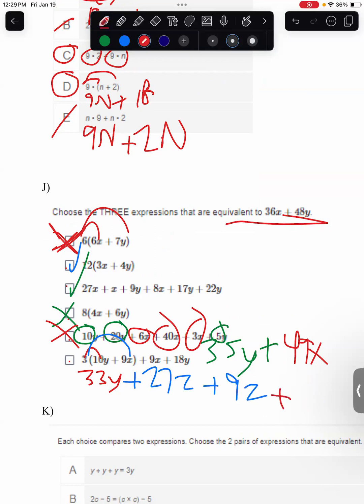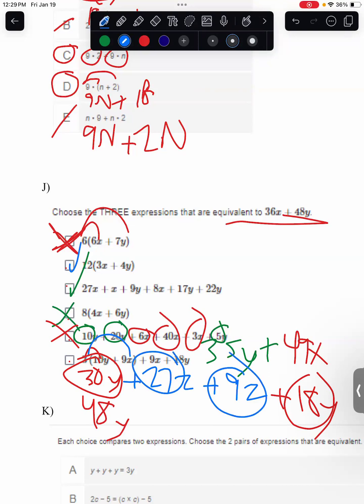I'm going to write it in the same colors as its like terms because that makes it easier. Oh, sorry, I just put 33 here for no apparent reason. That's 30. So 30y plus 18y is 48y. Then we have 27x plus 9x. That's 36x. Oh, sorry, that's x's. Why did I even say that? That was dumb. Okay, that is the same, because 36x plus 48y, commutative property, same thing. Okay, so it's B, C, and F.